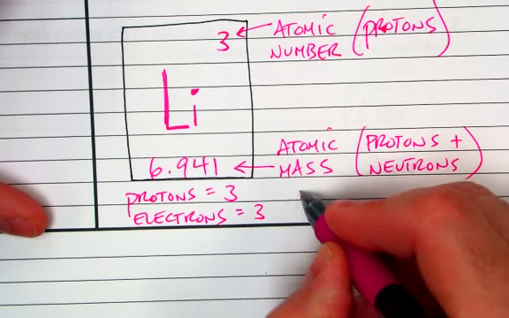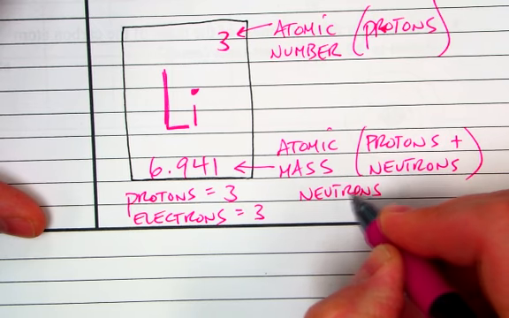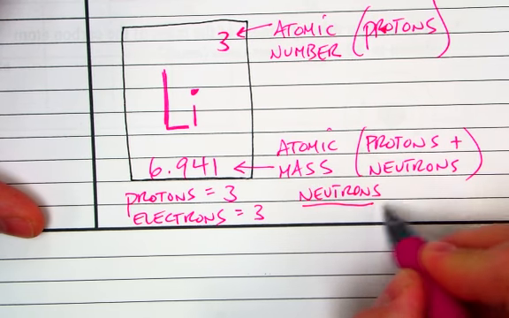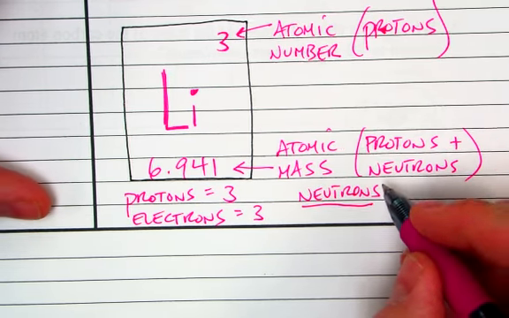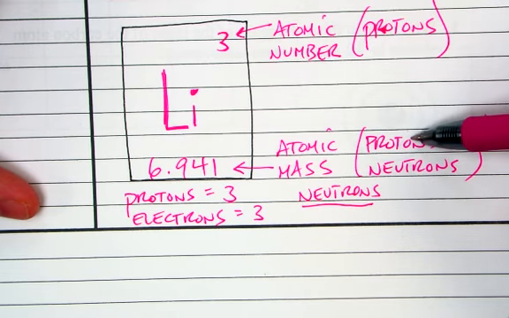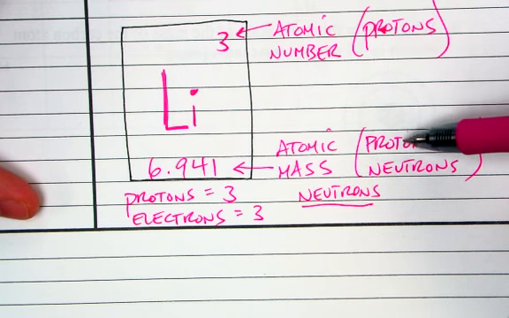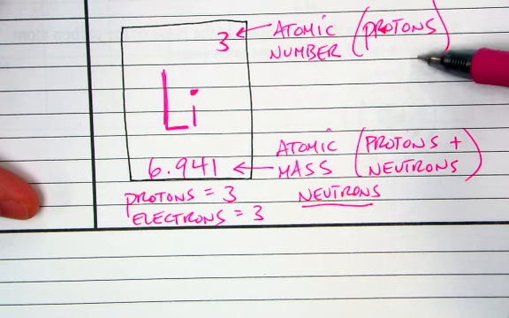Now for the neutrons, we've got to do a little math. Okay, it's not a big deal though. Don't worry, don't stress out. So for the neutrons, what you're going to do is, if the atomic mass is protons and neutrons, if we take the mass minus the atomic number, we should end up with only the neutrons.